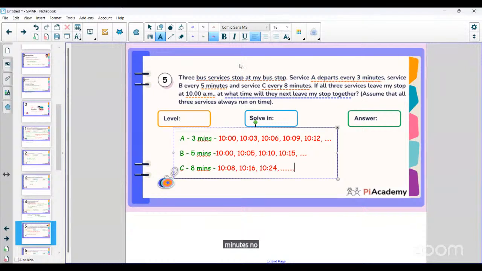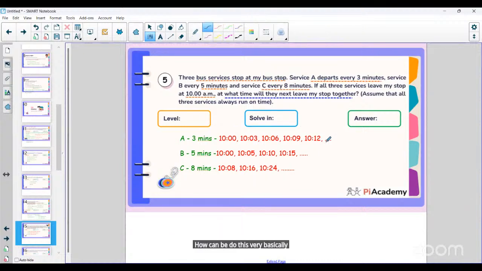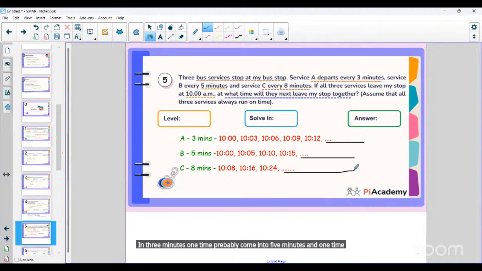Now, what you need to figure out is, what will be the next time when they will leave the stop together? How can we do this? We basically need one time which will come in 3 minutes, one time which will come in 5 minutes, and one time which will come in 8 minutes.